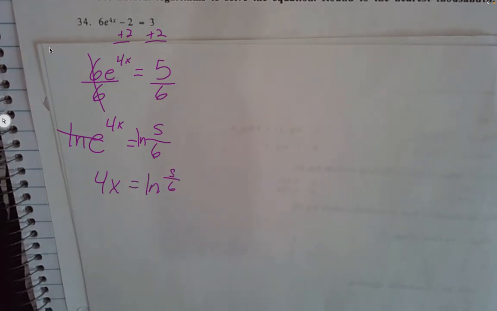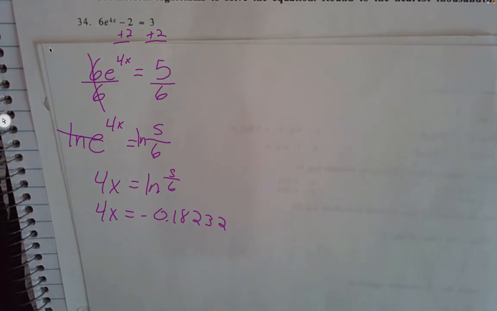Do y'all want me to figure out what that is? If you put the natural log over here, you have to put it over here. But why does it cancel out in front of the 4x and not 5 over 6? Because natural log and e, that was the only way to make the e go away. Natural log and e cancel out. So if I type in natural log of 5 divided by 6, I get negative 0.18, and it keeps going.